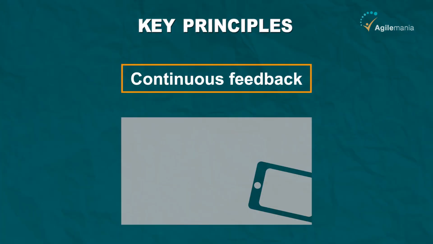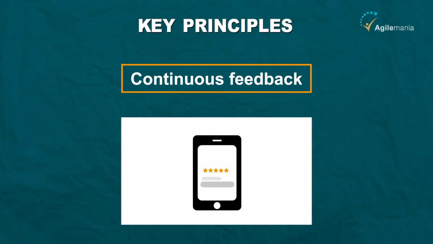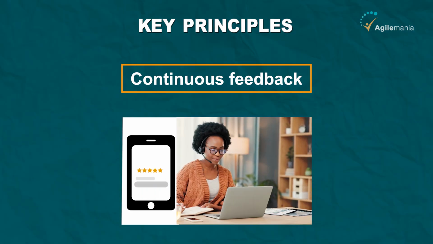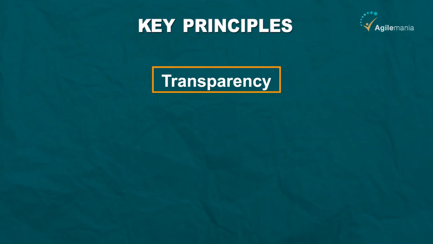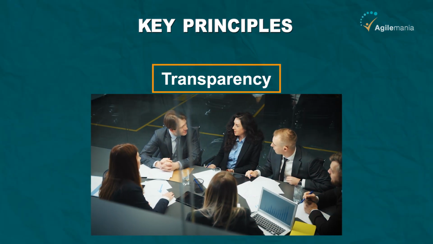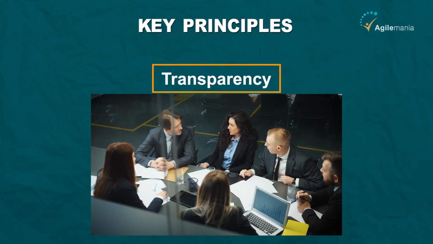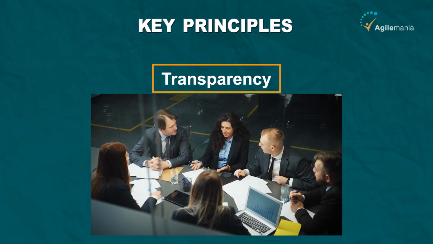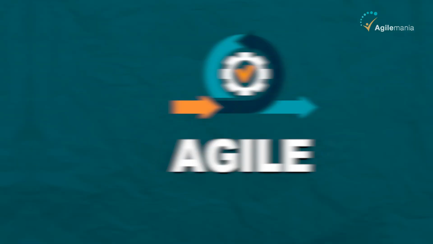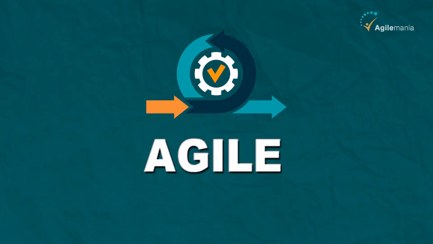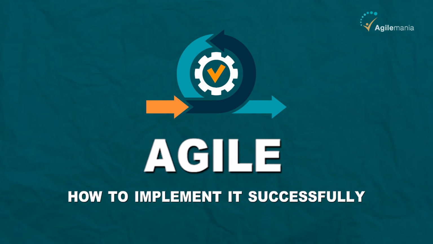Continuous feedback. Agile projects prioritize customer feedback, and teams iterate quickly based on that feedback. Transparency. Agile teams share progress and challenges openly and frequently, so everyone is aware of what's happening and can course correct as needed. Now that we understand what Agile is, let's move on to how to implement it successfully.